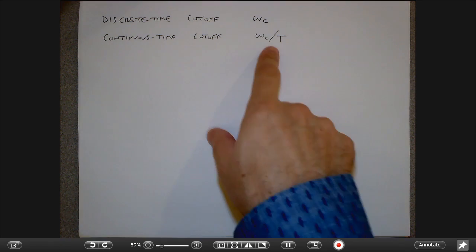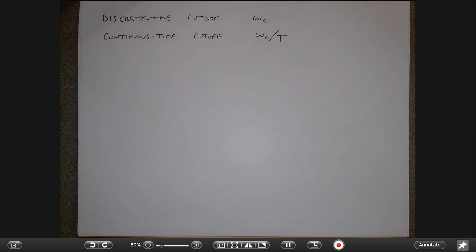So if I want to vary the continuous time cutoff, all I need to do is change the sampling rate of the input and then run it through this single great digital filter that I've designed, right?